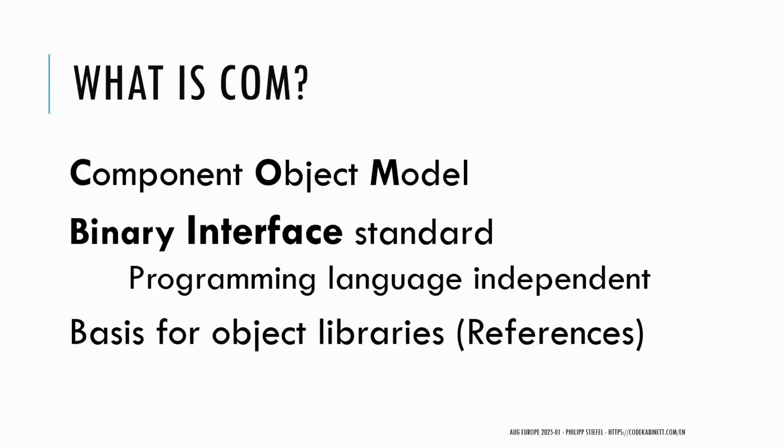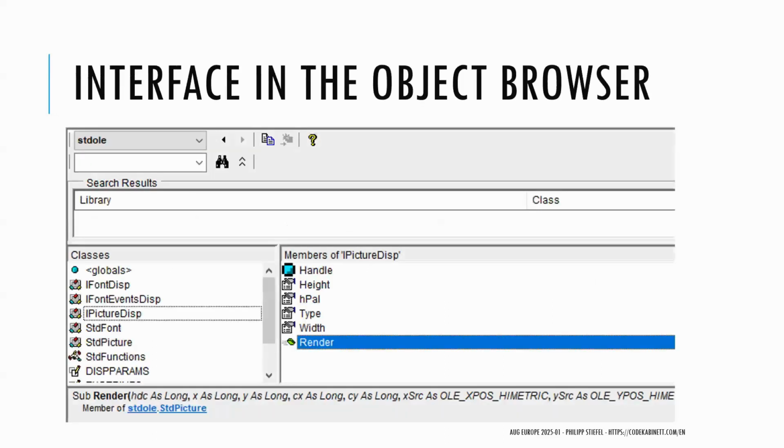So whenever you add any DLL or OCX or something to the references in the VBA environment, whatever you add there, it must be COM compliant. That is basically the interface standard that is all relevant for these reference libraries. And if we look at the VBA object browser, then we already see an interface.